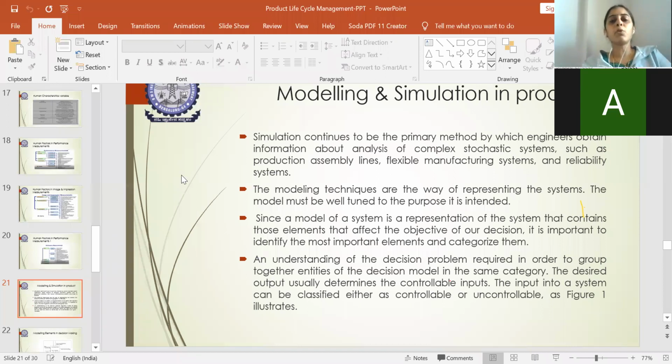And later you should know about the modeling and simulation part. So why is modeling and simulation needed?